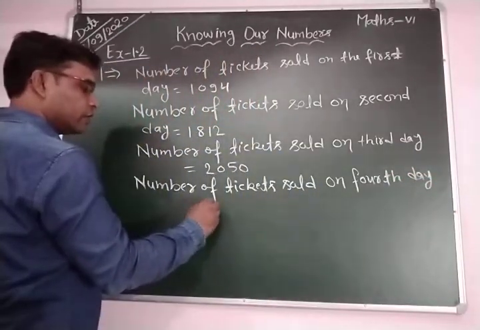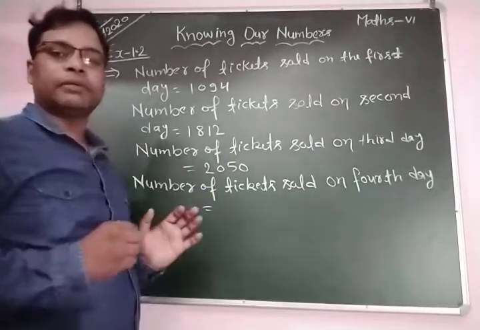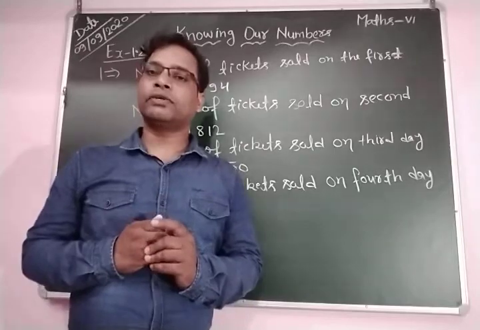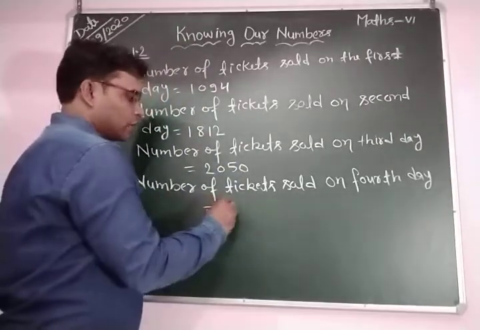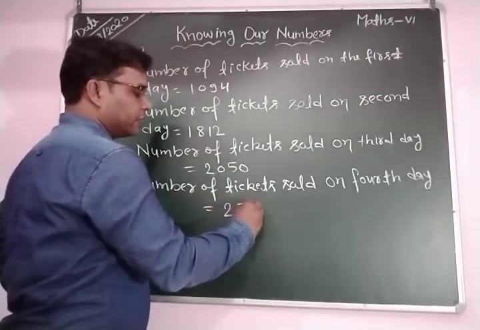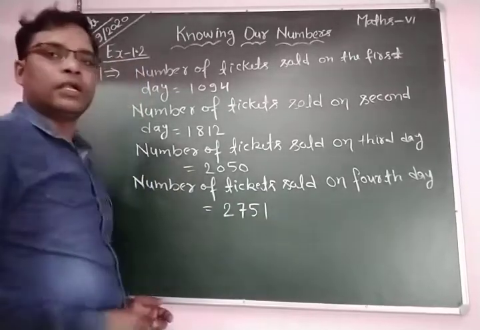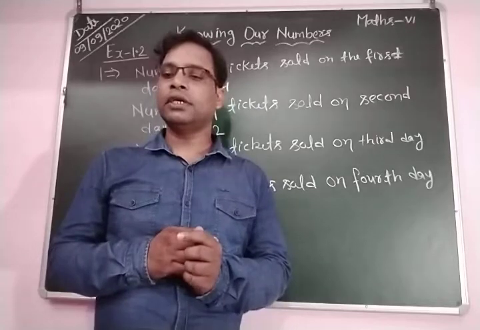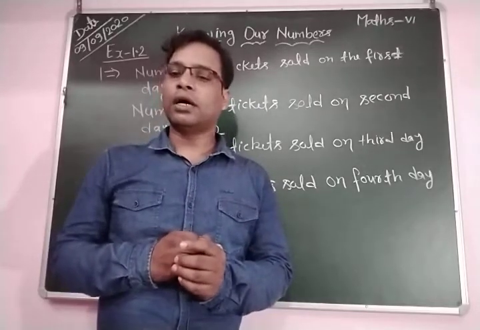This is given. Now we need to find the total number of tickets sold on all the 4 days.